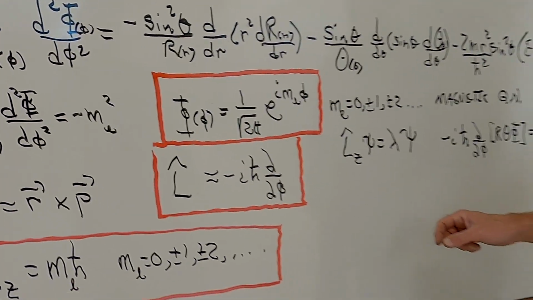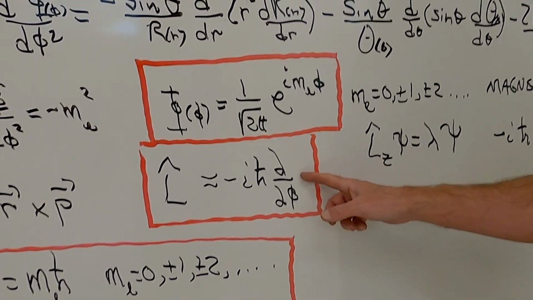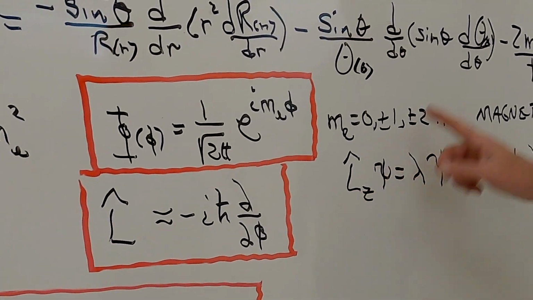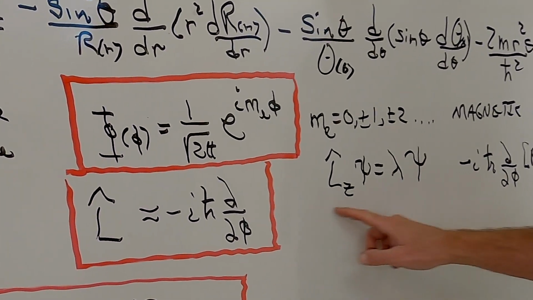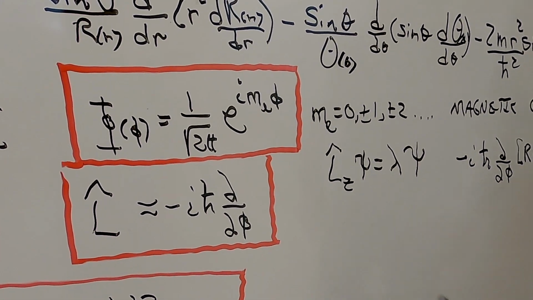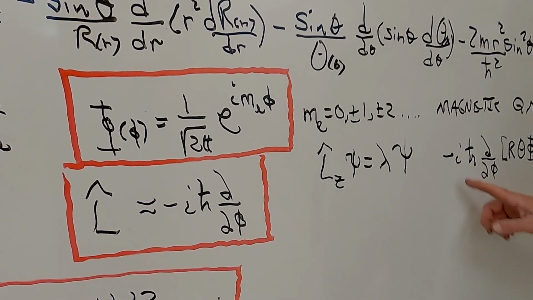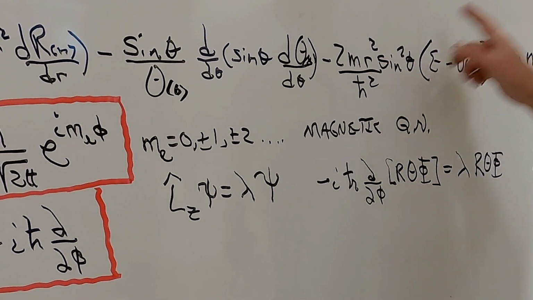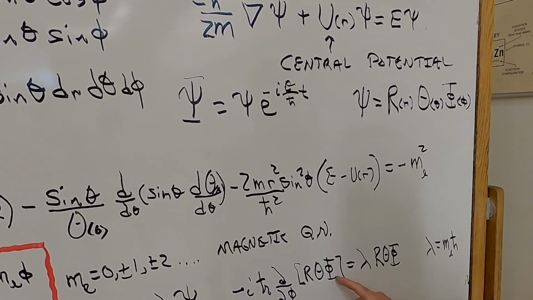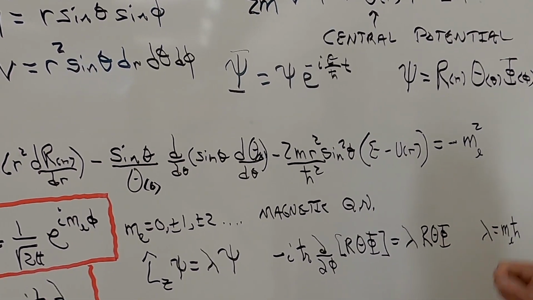Now that's my operator. If we operate on our psi and we get lambda psi, there's our eigenfunction, eigenvalue. If we plug in our operator, minus i h bar partial with respect to phi, of psi, which is r theta phi, equals lambda r theta phi.